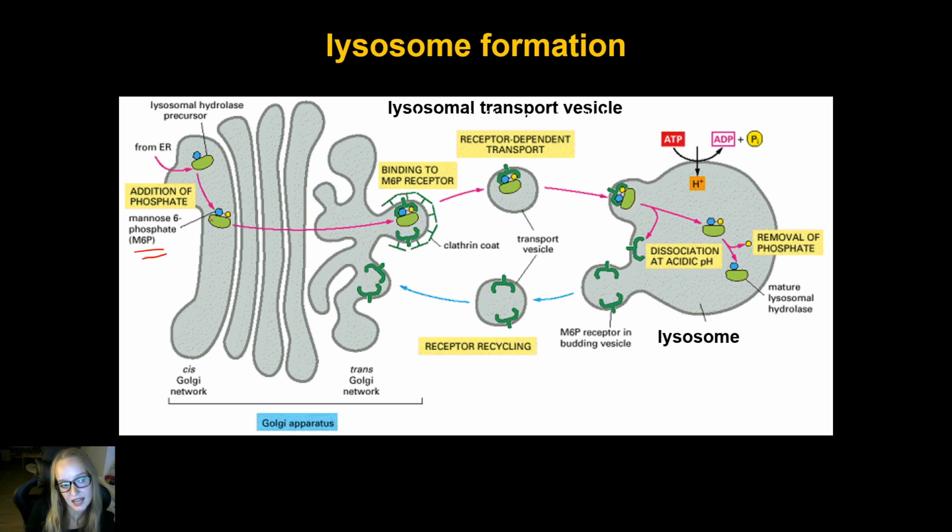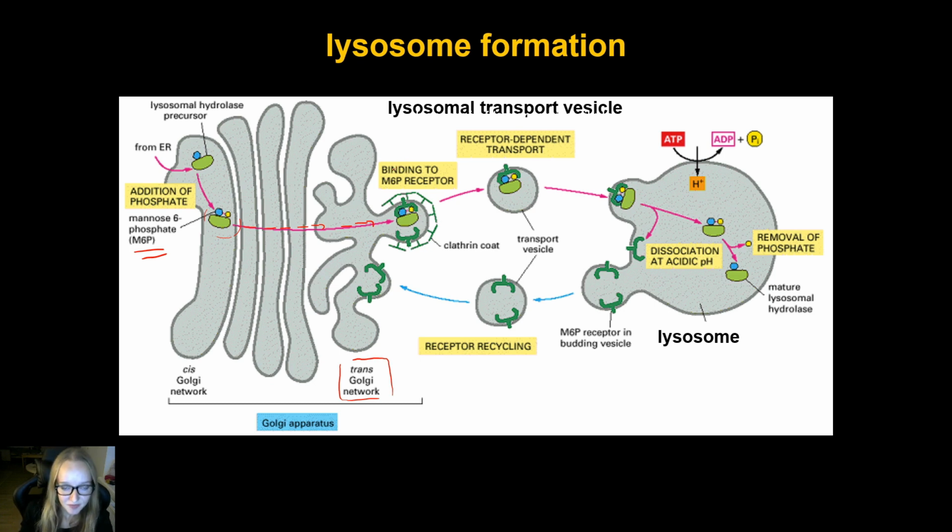This enzyme with mannose 6-phosphate goes through the whole Golgi complex to the trans face of the Golgi complex, where it is released, because there is a receptor for this mannose 6-phosphate. It's called the mannose 6-phosphate receptor.